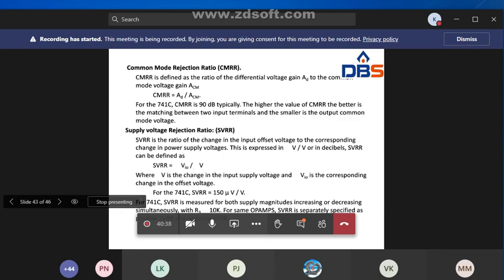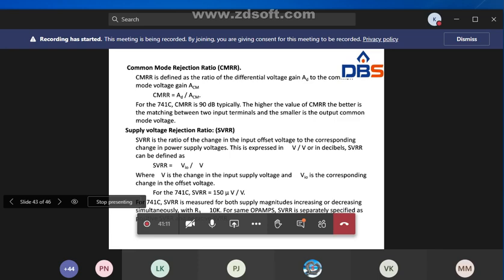One more characteristic, input offset voltage. When both input terminals of an op amp are grounded, ideally the output voltage should be 0.